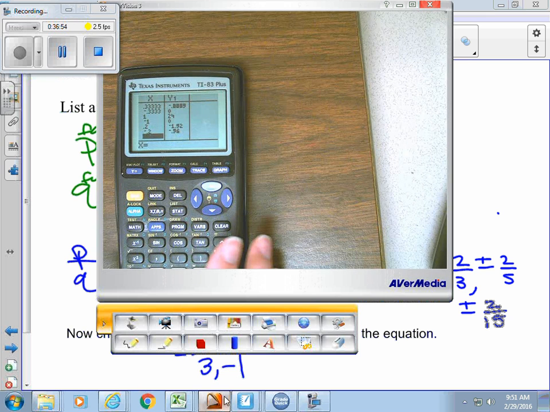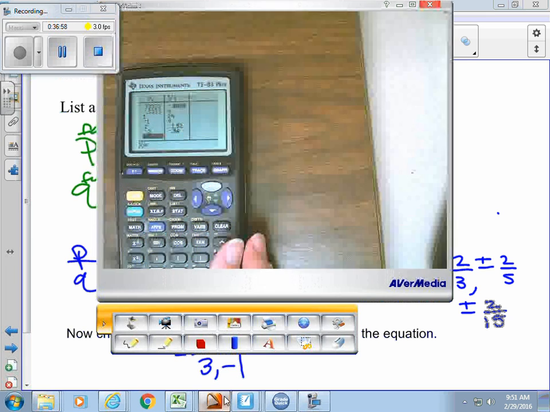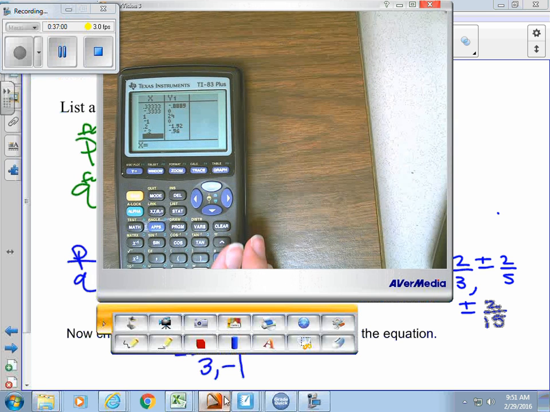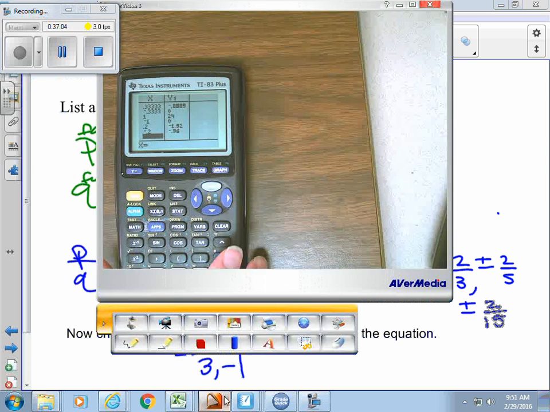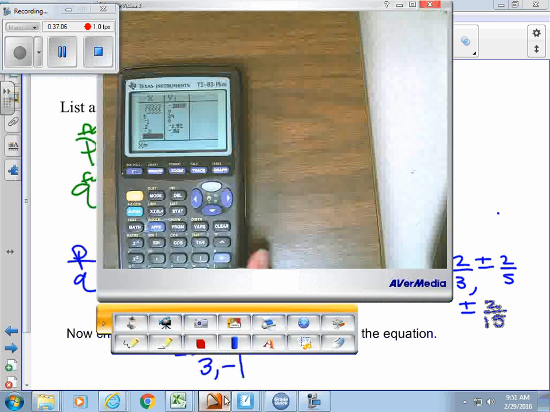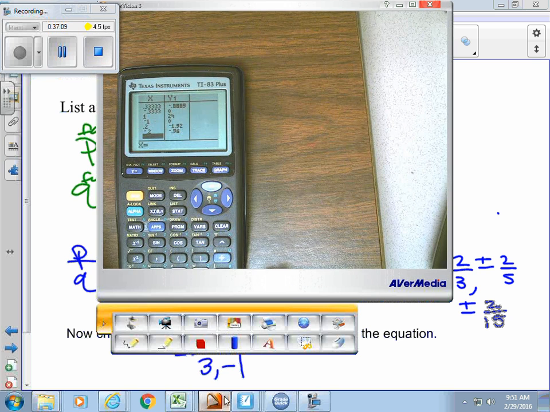Is it on exact right now? Yeah. Put it on auto. Okay, you go through the list. Someone tell me when you find another one. And I would say if we find one more, we quit looking.